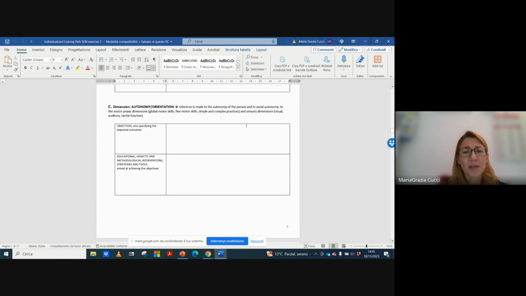We can also think about more physical situations. For instance, the sensory dimension. I think about some students that have a long way to come to school, a long way to go to work, in order to be able simply to arrive on time, starting from the correct idea of the timing that they need to go there.